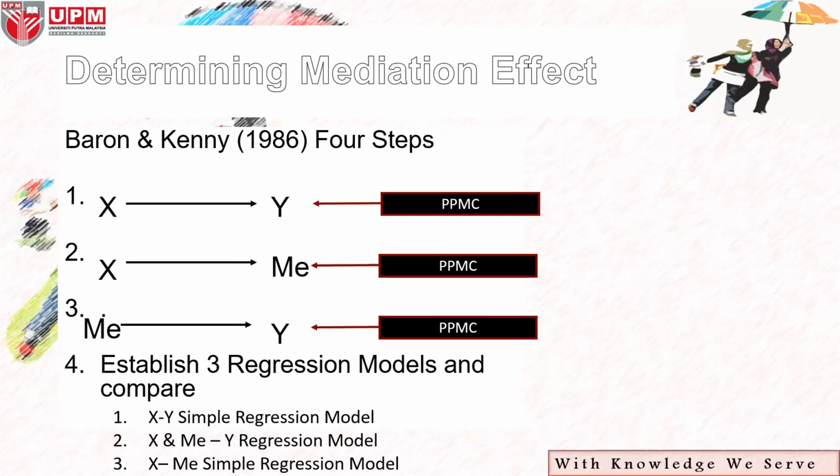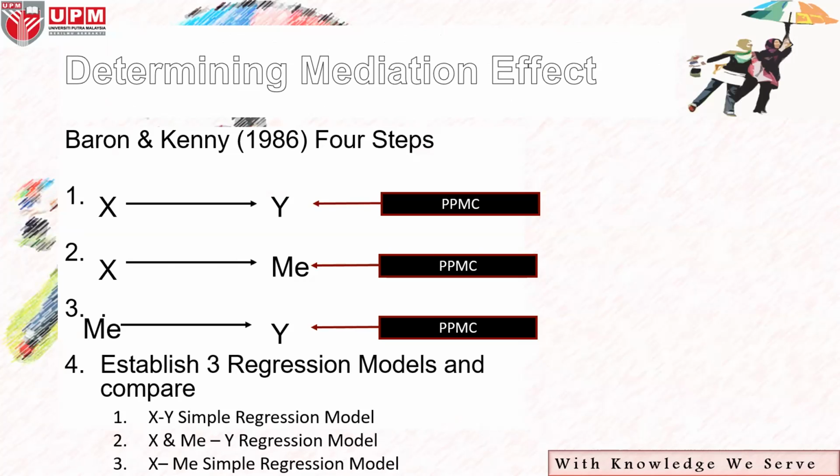Okay, so to determine the mediation effect according to Baron and Kenny, you have to follow 4 steps. First, you need to determine the association between X and Y by running the Pearson product moment correlation analysis. First, run the PPMC between IV and DV to make sure that the relationship is significant.